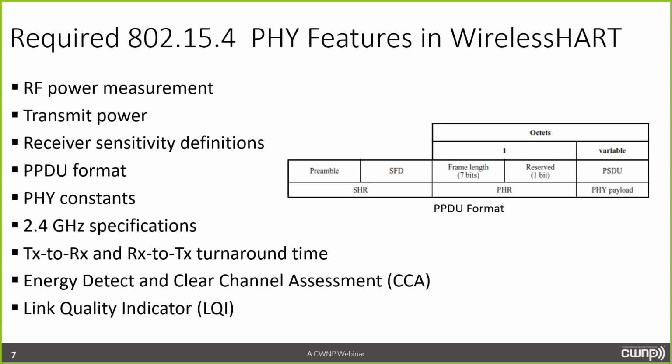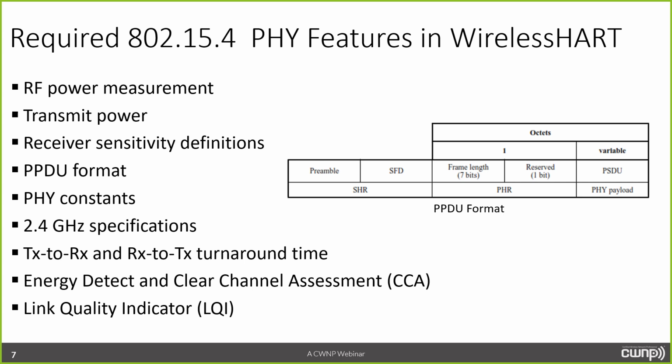Receiver sensitivity definitions have to be there. The receiver sensitivity is defined in 802.15.4 itself, and it's based on the input signal with a packet error rate of less than 1%. So what is the signal when the packet error rate is less than 1%? And the PSDU length is 20 octets long.